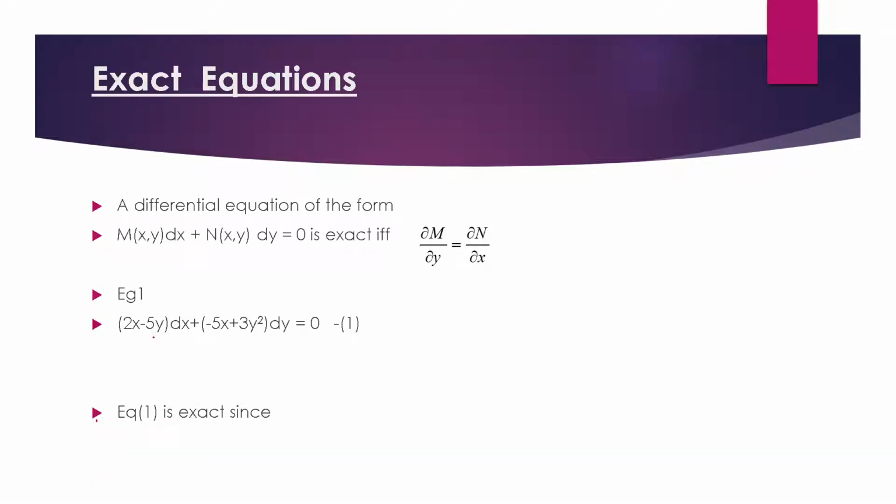We have shown just now that this differential equation is exact because del M del y equals del N del x. We label the coefficient of dx as M and the coefficient of dy as N, because both are equal to -5. Then, if the differential equation is exact, how are you going to obtain the solution back?